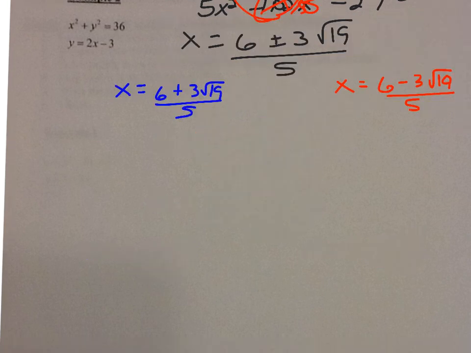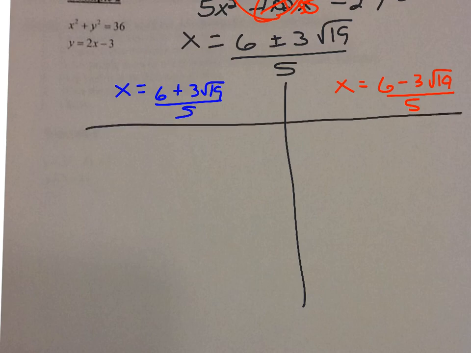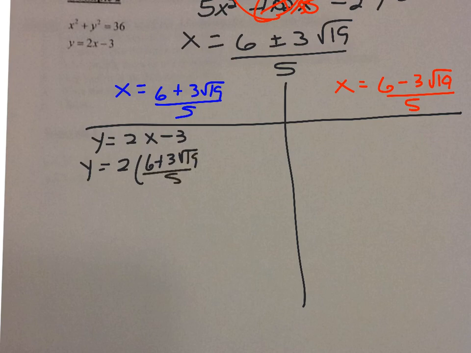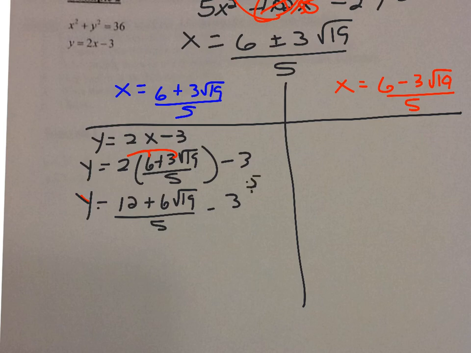Okay, so now that I have my x values, I have to get my two y values. So I'm going to plug it into my linear, which is y is equal to 2x minus 3. So it's y equals 2 times (6 plus 3 times the square root of 19) over 5, and then minus 3. So you have to distribute the 2. So we get y equals 12 plus 6 times the square root of 19, over 5, minus 3. And now you can get the same denominator, so that would be, remember, 15 over 5.